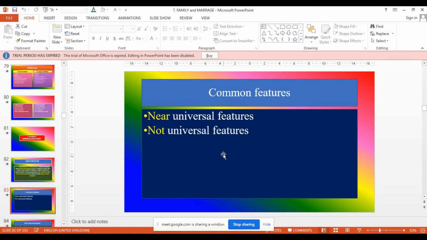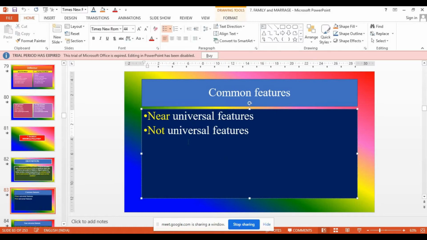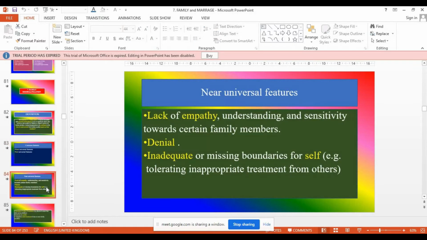Common features, universal features: features that all families have. Not universal features means specific features that some unique families have. First feature, near universal: lack of empathy.